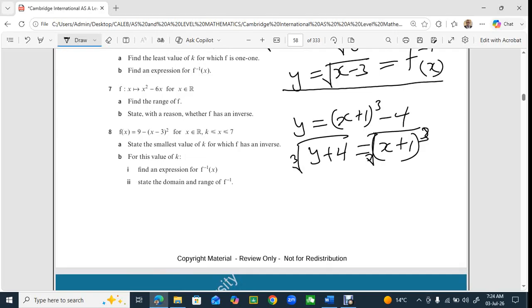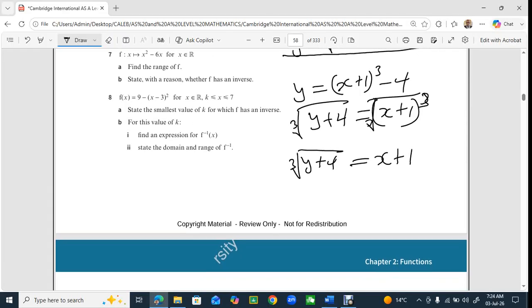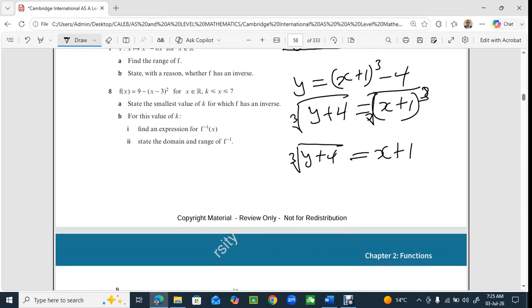Then now you got the cube root of y plus 4 equals x plus 1. Nice. Then you removed 1 from both sides, so minus 1, minus 1, giving minus 1 plus the cube root of y plus 4 equals x.